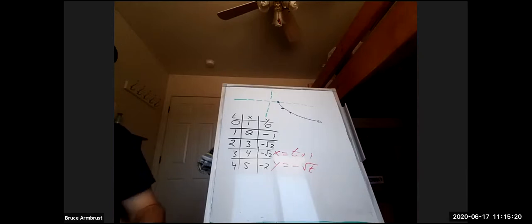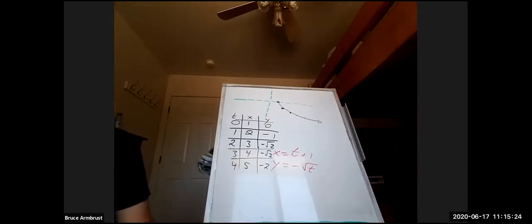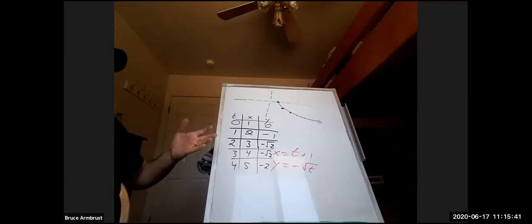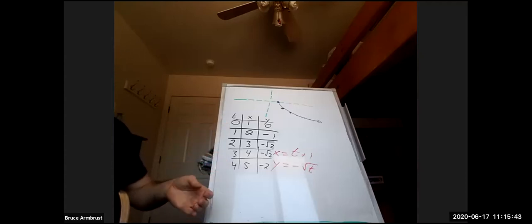All right, so just plotting them is actually this easy. All you got to do is plot the points and connect the dots. And in a real world situation, you'll have an idea of what kind of t values to use. I mean, I just started at 0 because it seems natural to start at 0.